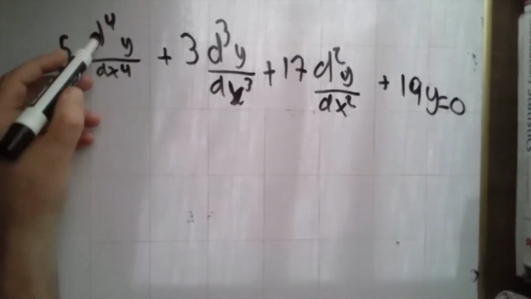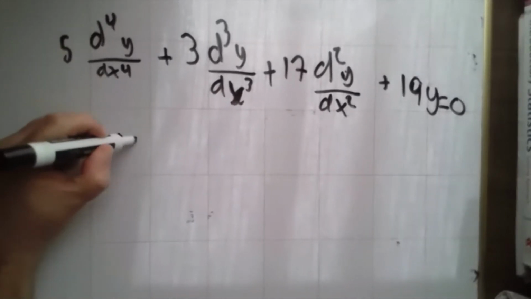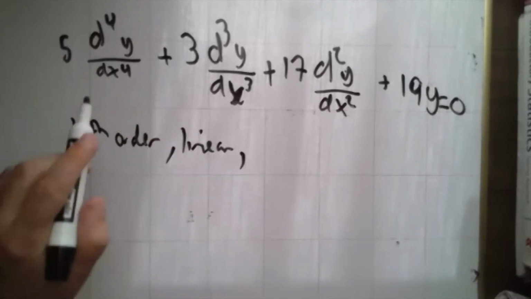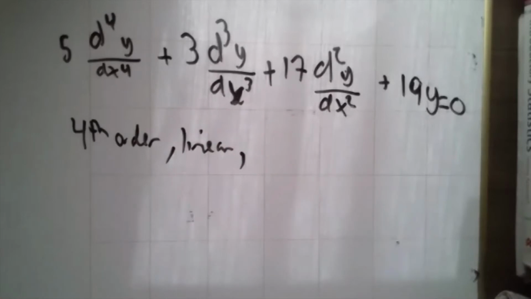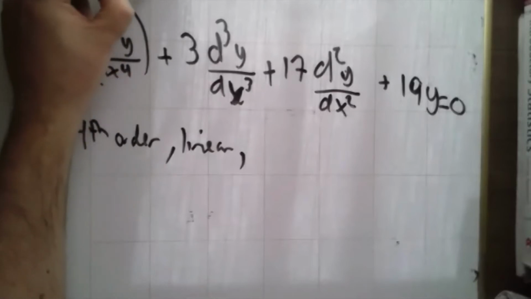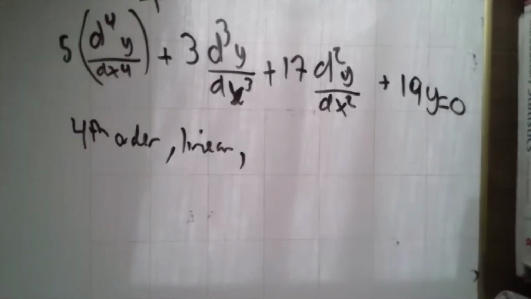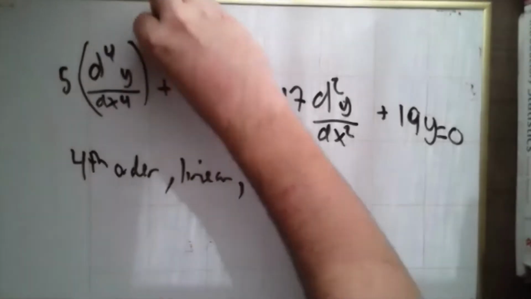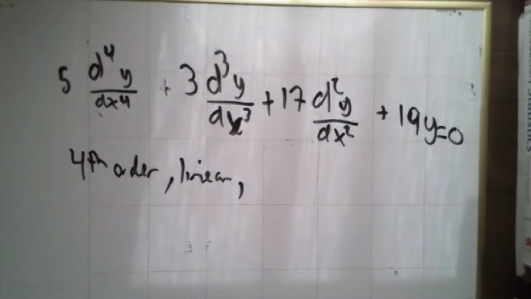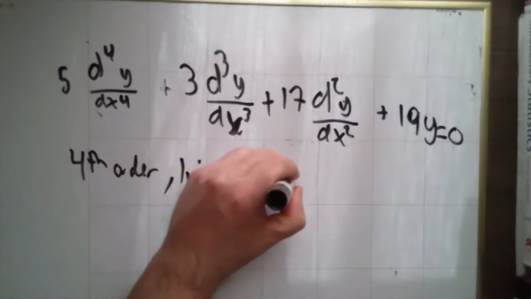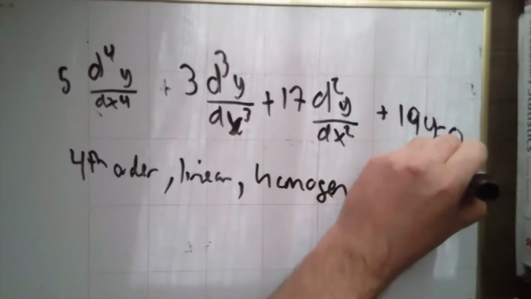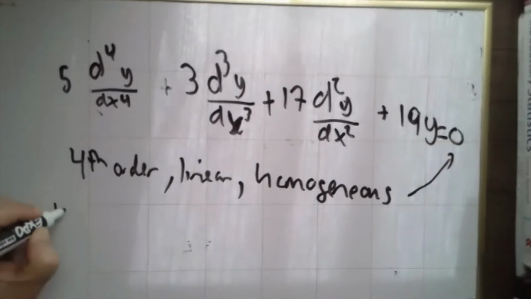This is a 4th order linear DE because all of my powers of y are to the first power and all my derivatives are to the first power. We don't have something where I raise a derivative to a power. Those are incredibly difficult. We didn't even tackle those in this class. Homogeneous, because we have a 0 over here, it's set equal to 0, and with constant coefficients.